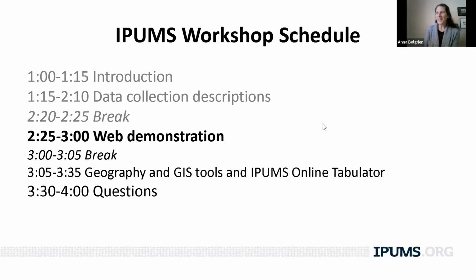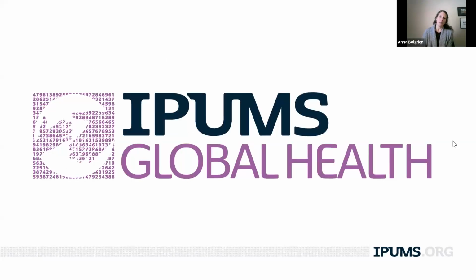So the next thing I will be doing right now is a web demonstration. But first, I wanted to discuss a little bit more about the 3 global health projects and the similarities and differences between them. And this has been touched on a little bit in the Q&A already.